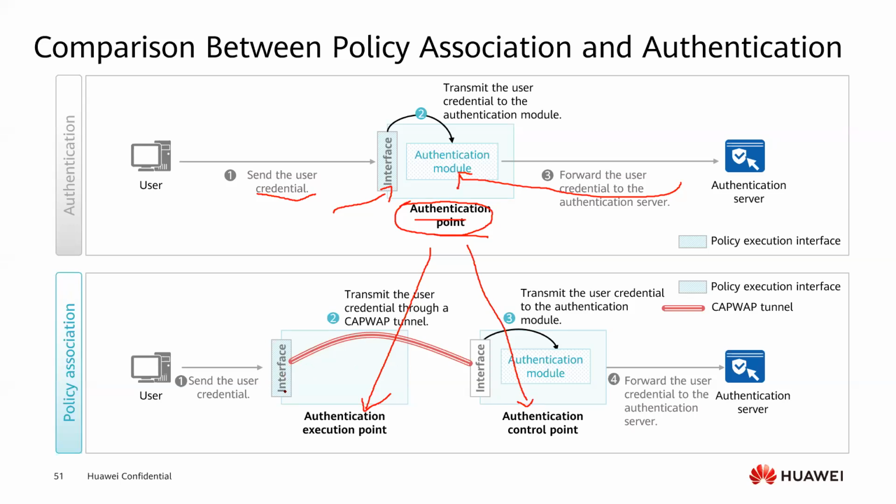The first one uses the interface to receive the identification, and then uses the interface to establish the web terminal and send the information directly through the terminal to the interface of the control point. The control point will send this to the authentication module, which will exchange the authentication information with the server and go through the authentication process.